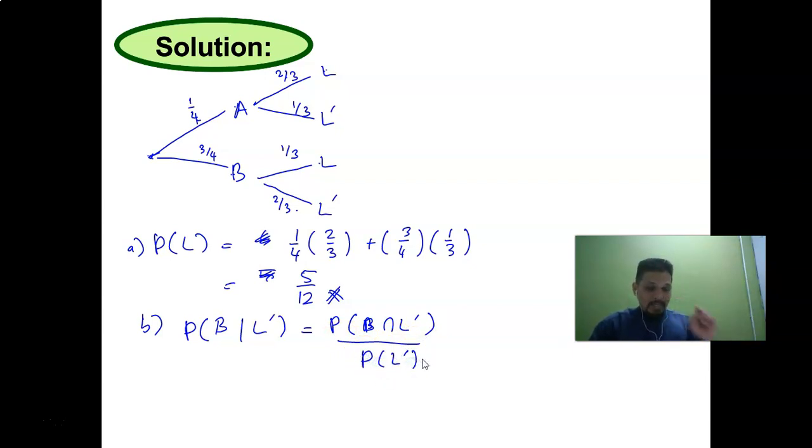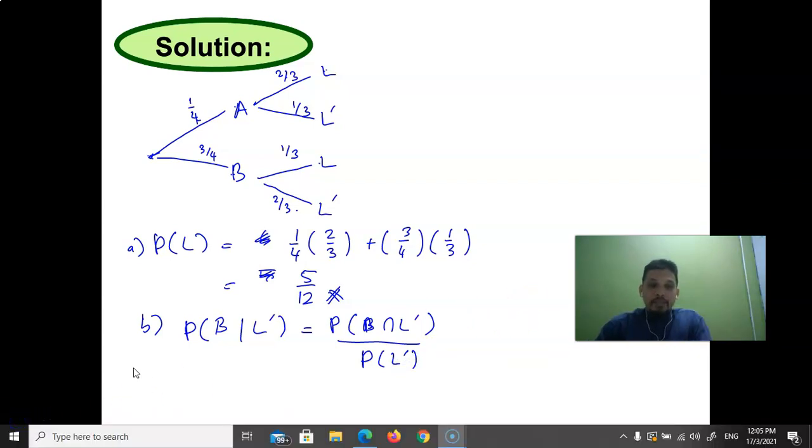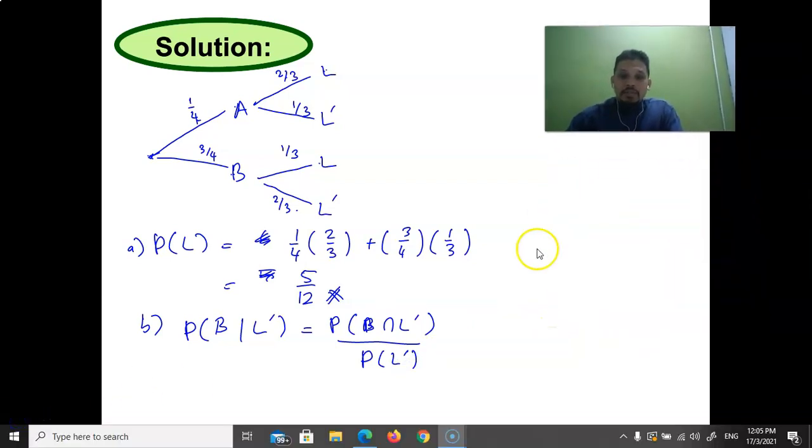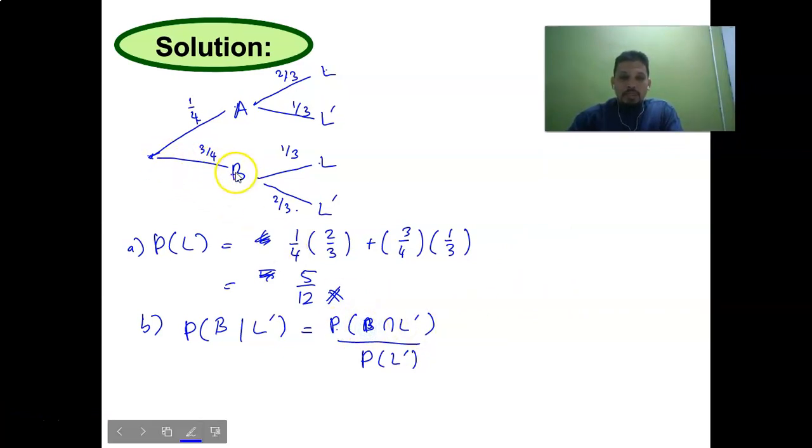Okay, class. For this question, the probability of using route B intersect with not late is 3 over 4 multiplied by 2 over 3 for not getting late. But for the denominator, we need to consider both using route A and L complement, plus using route B and ending up with L complement.